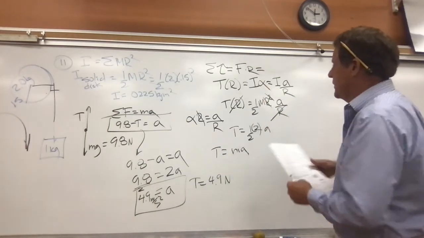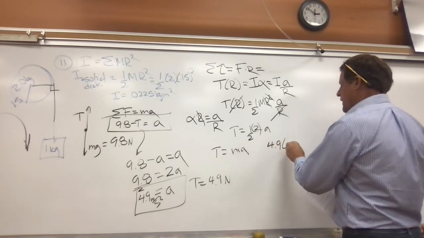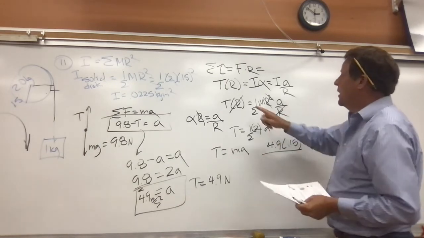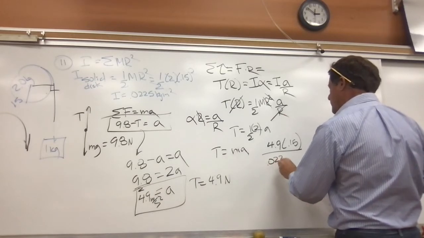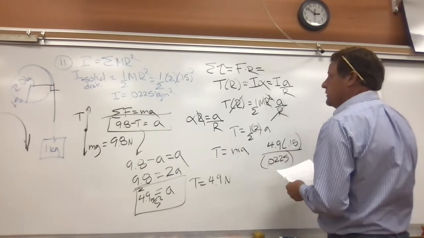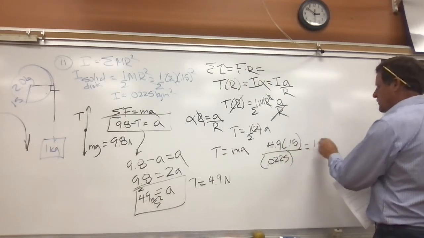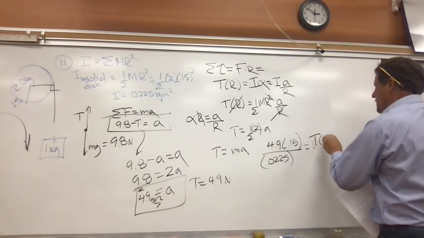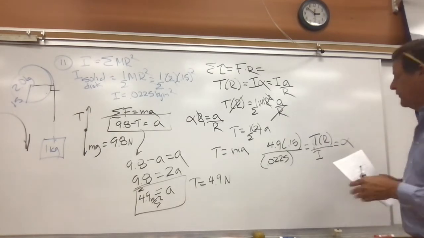Our angular acceleration is going to be our tension, 4.9, times our radius, 0.15, divided by our I, which was 0.0225. So T times radius divided by I is equal to our alpha.